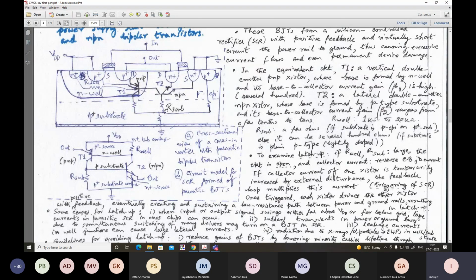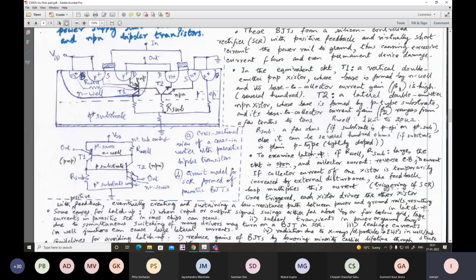Suppose suddenly the power supply voltage has an overshoot, going above the nominal value of 5 volt or 3.5 volt, whatever. This can happen due to various factors, like lightning occurrence, or if the circuitry is placed in a spaceborne device, in some spacecraft.